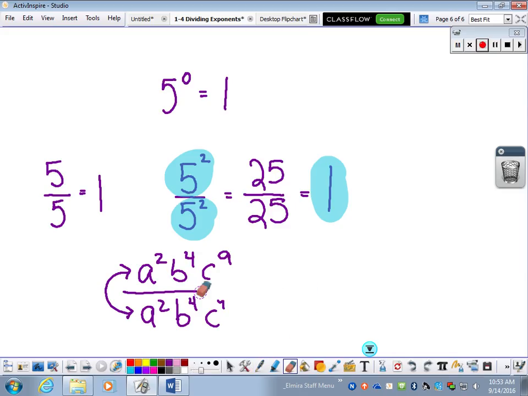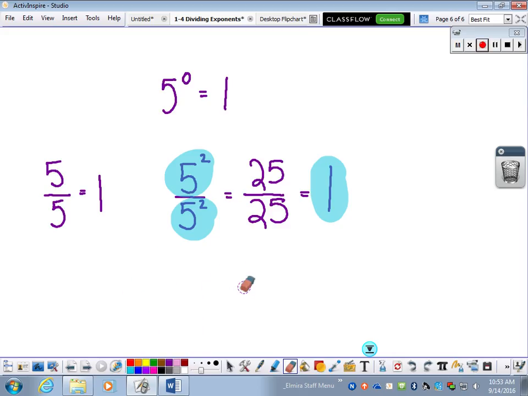Going back to our exponents though, our laws of exponents. Okay, if I follow along with what we did in class today, 5 squared over 5 squared, that's a division. Keep the base. 2 take away 2 is 0.